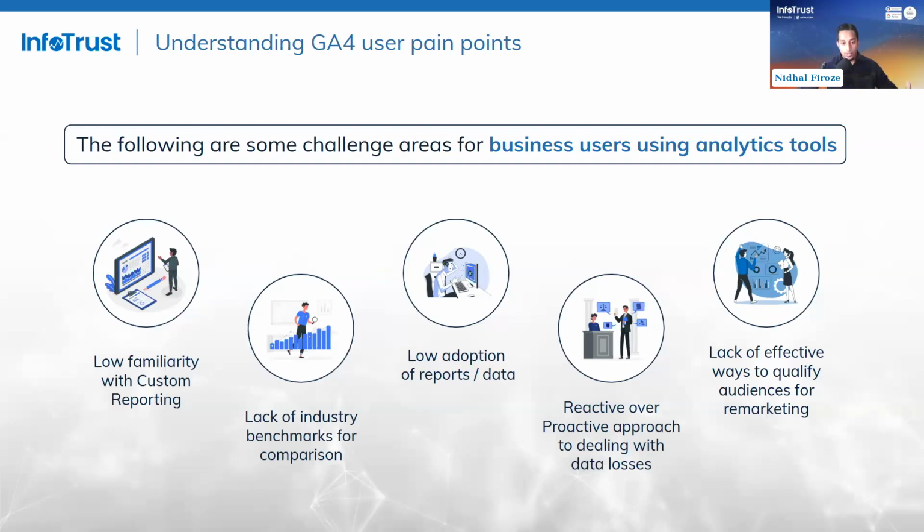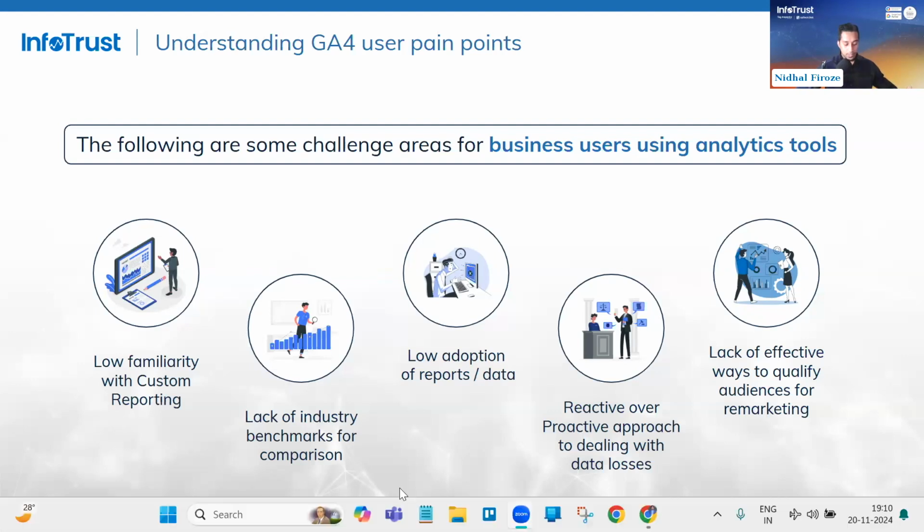And when it comes to dealing with data gaps or anomalies, typically businesses have the tendency to just deal with every fire as it happens, right? Rather than having a proactive approach. Ideally, yes, all of us want to be enabled with the data or the alerts or the monitoring mechanism that will help us address these gaps quicker. But yes, how can you do that with GA4? So we will talk about that.